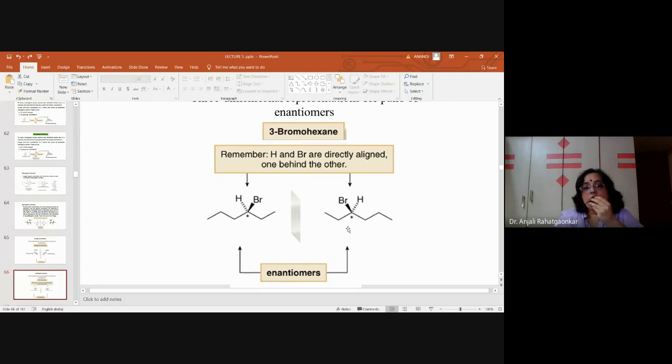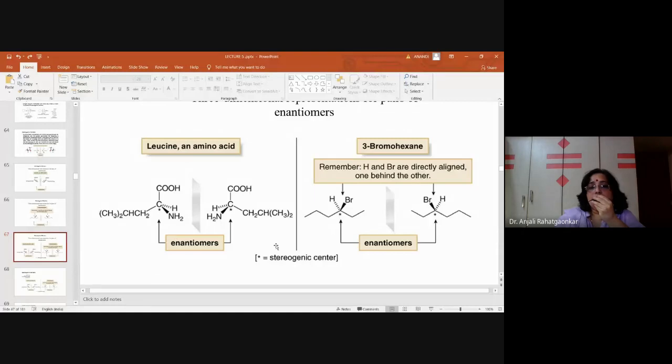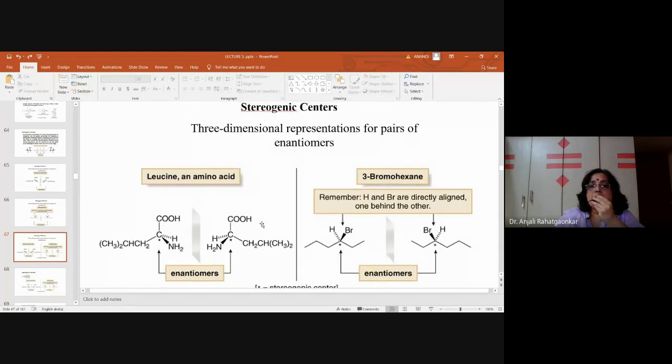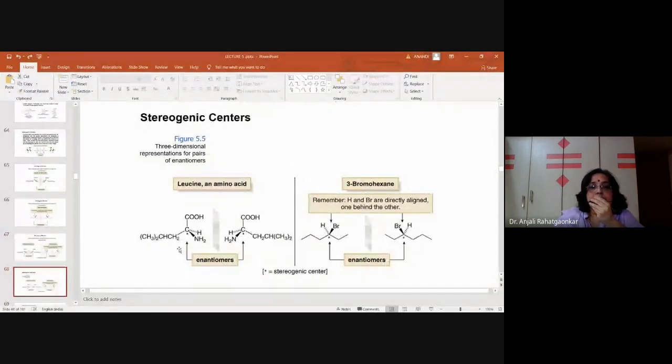If they are non-superimposable, then they are definitely enantiomers. All the stereocenters I have shown over here. So this is, at a glance, two structures for the stereogenic centers. Then moving to the next slide.